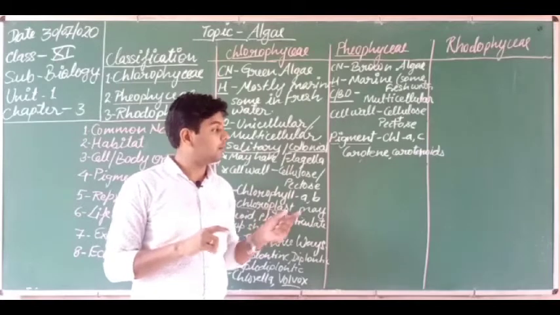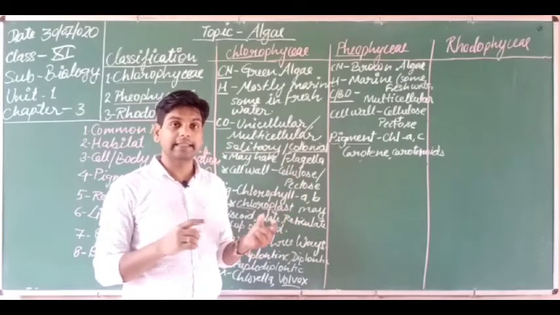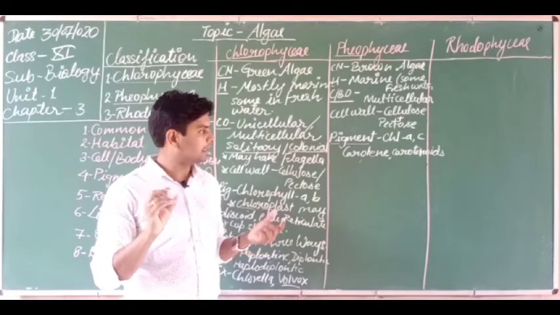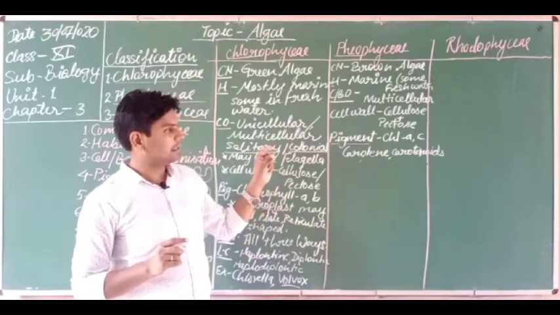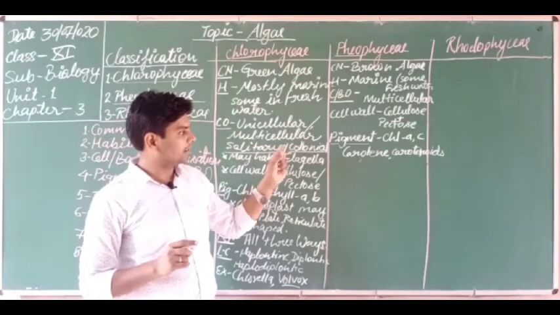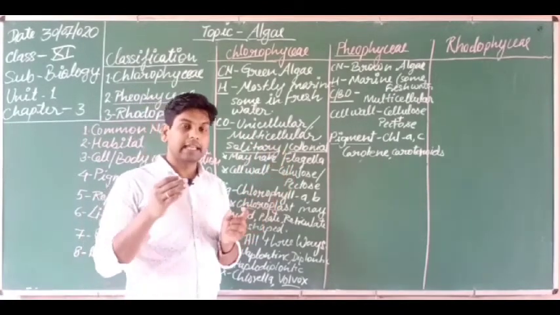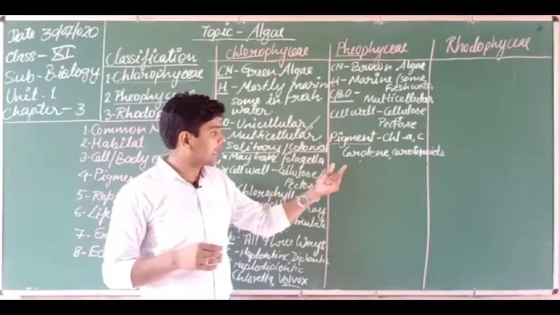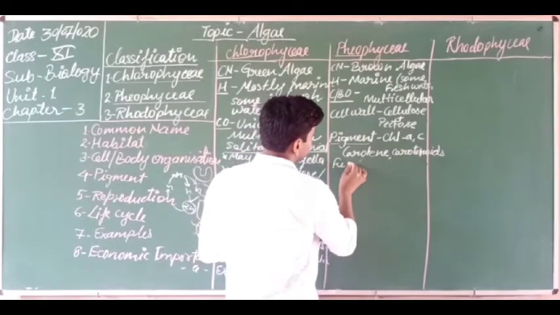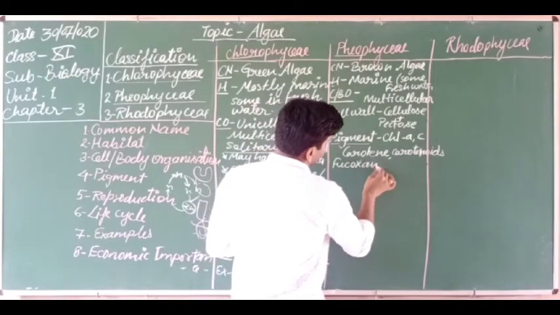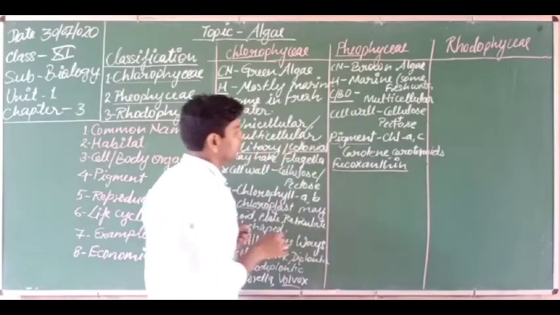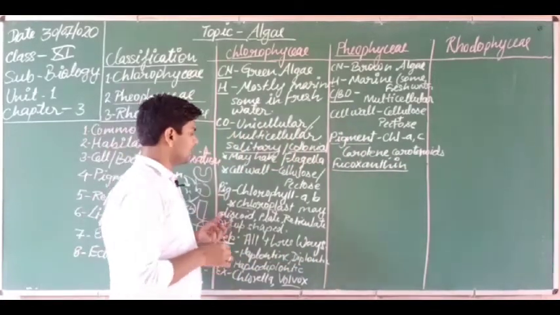Carotene is an example of carotenoid because carrot is brownish, reddish or orange in color. So carotene is extracted from the carrot, that is why it is carotene, and the derivatives of carotene are known as carotenoids. So which carotenoid is found here? It is fucoxanthin. This carotenoid is found here. Okay. So this is about the pigment.